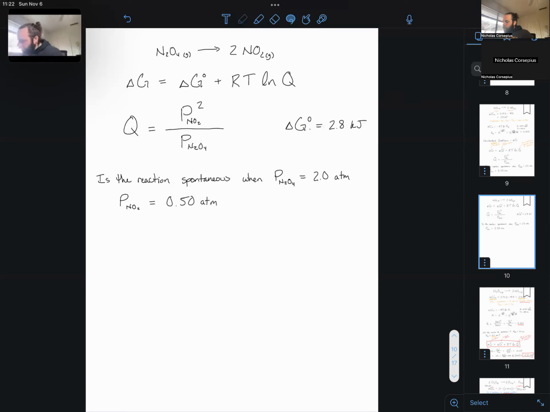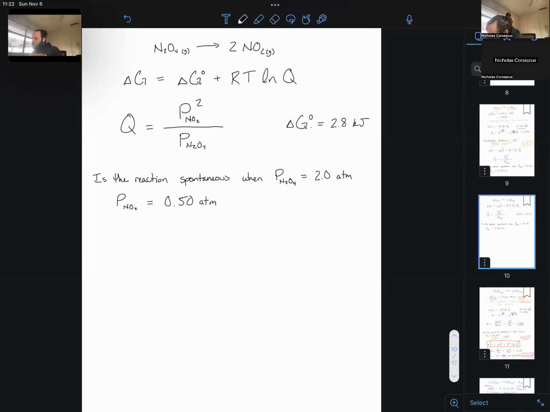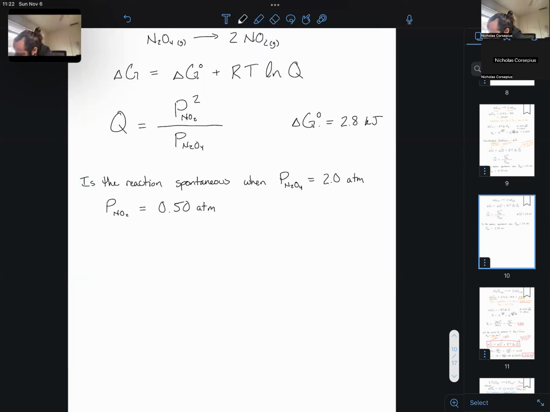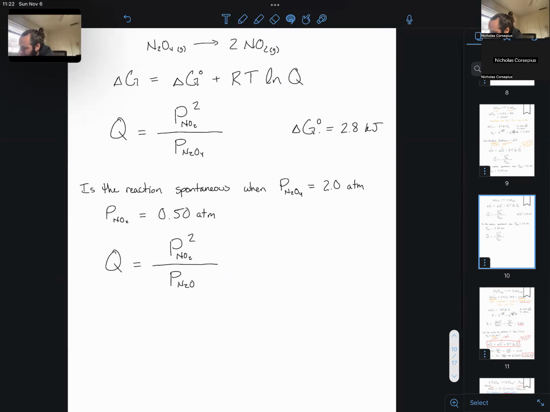Okay, so now I'm going to take my Q expression, but I'm going to plug in these specific pressures that I'm talking about here. So now the pressure of this gas is the 0.50 squared divided by that initial pressure of my reactant, the 2.0.